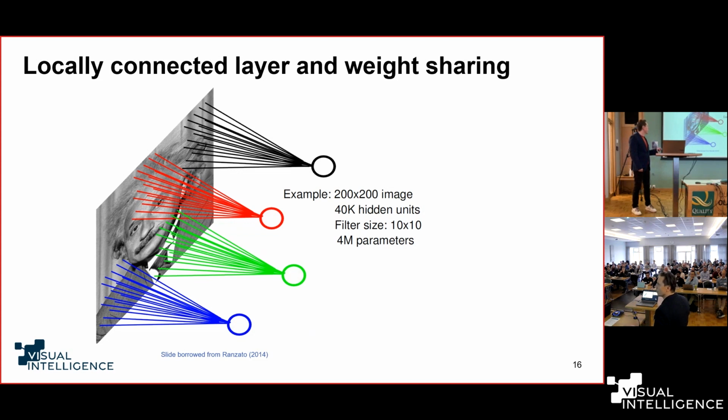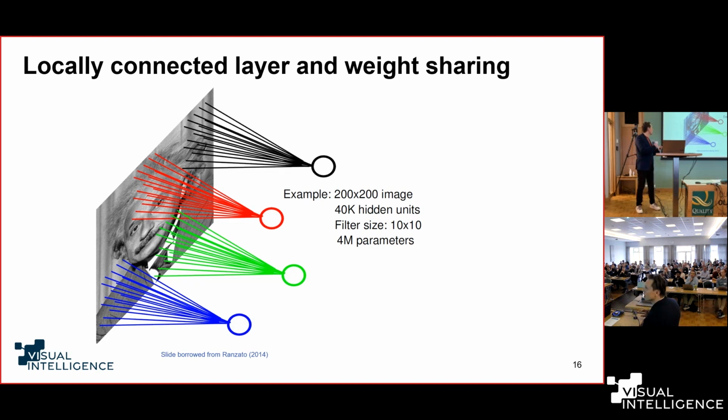Let's say I have a 200 by 200 image, and I connect 10 by 10 patches. Then I only have 4 million parameters. It's still a lot, but it's much less than 2 billion. And the way we do this local connection is using something called a convolution.